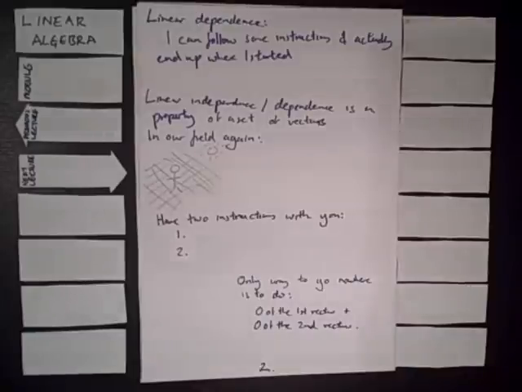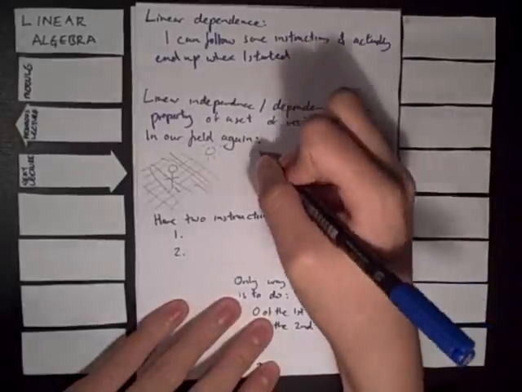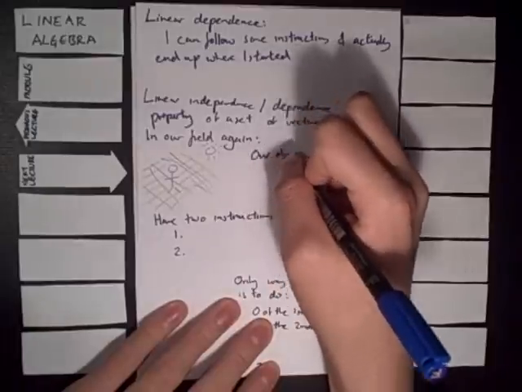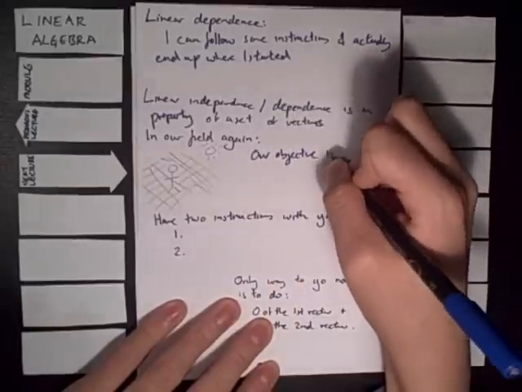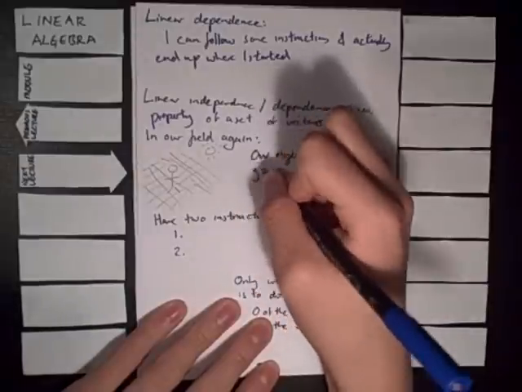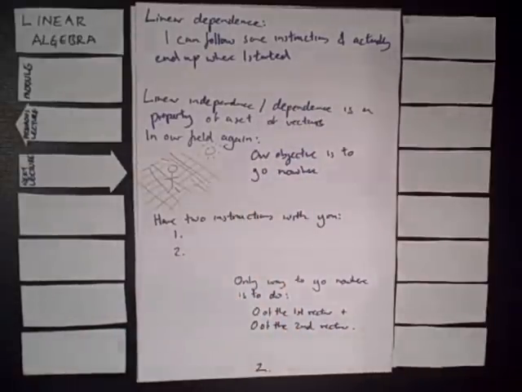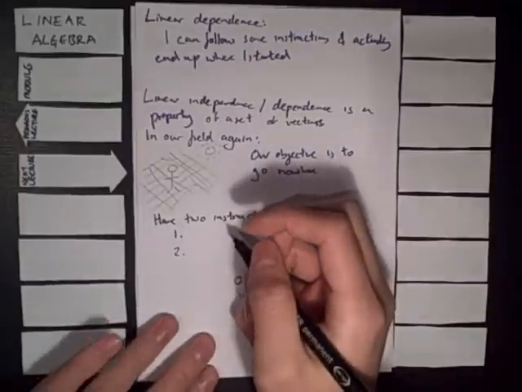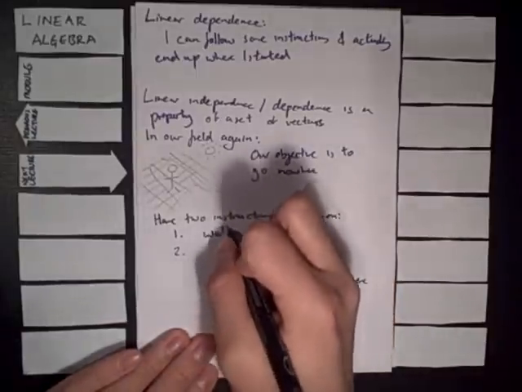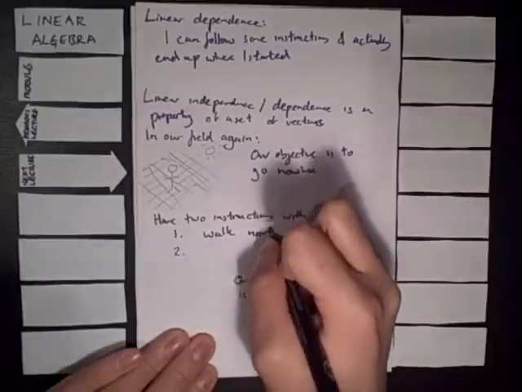To give you some more intuition before we look at the maths, let's go through in more depth what we might mean by linear independence. So suppose we're in our field again, and our objective, just as before, is to go nowhere. You have 2 instructions with you, and for example, one might be walk north 1 step.